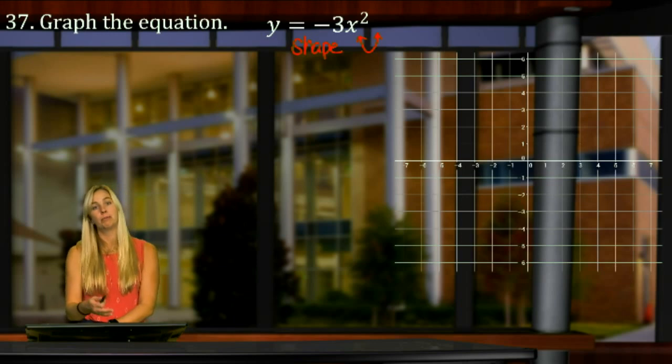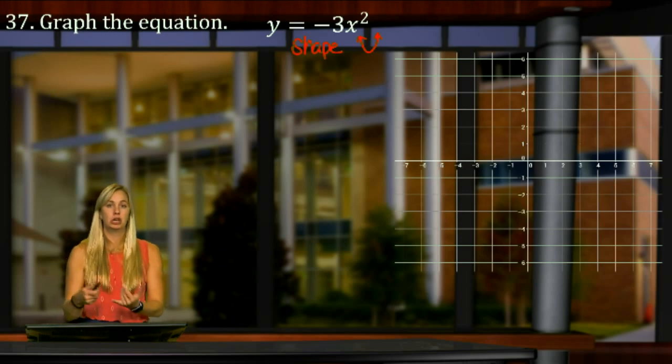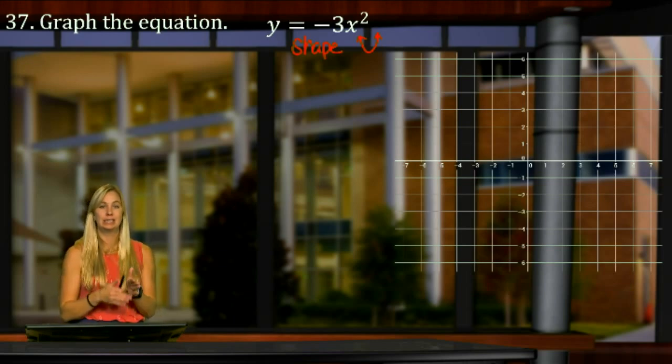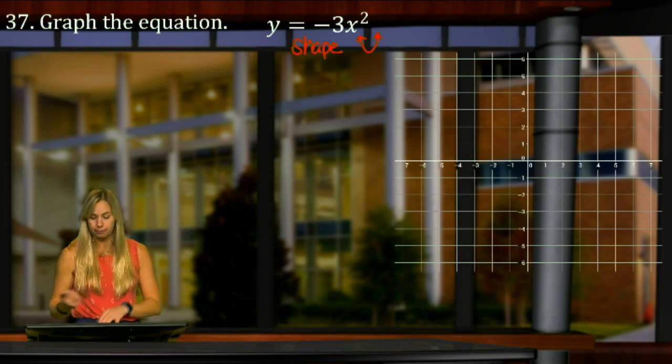So again, when we're making our table of values and plotting our points, if we don't get that shape, then we know we either need to check our work, which we should do anyway, but if that's all good, then we just continue plotting more points until we get that nice pretty curve.